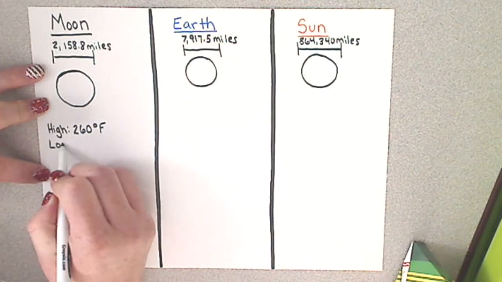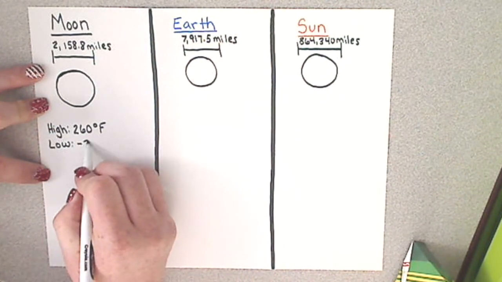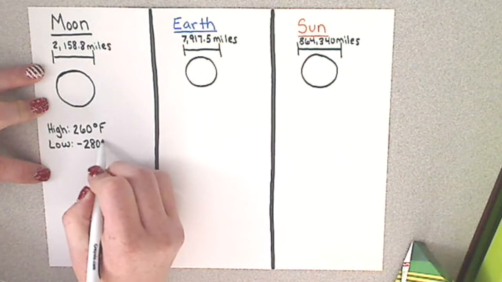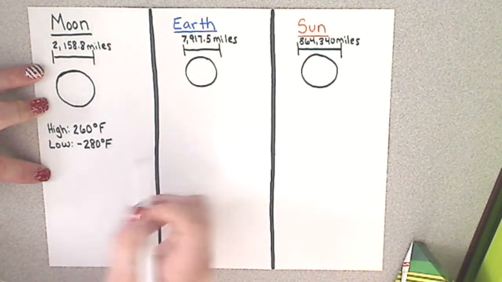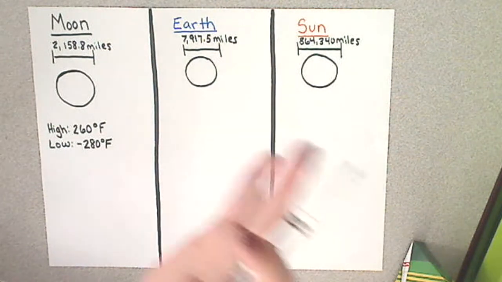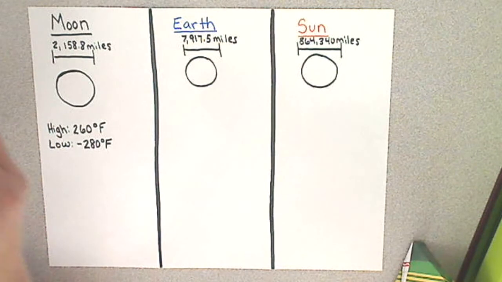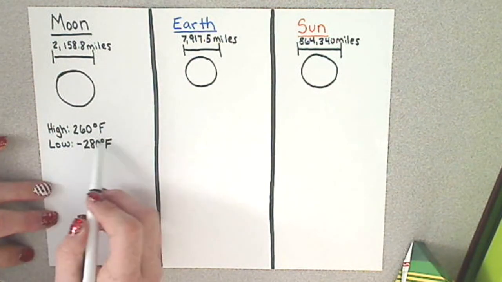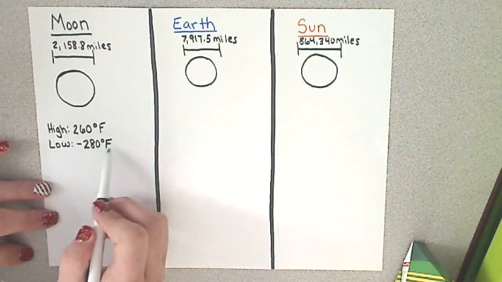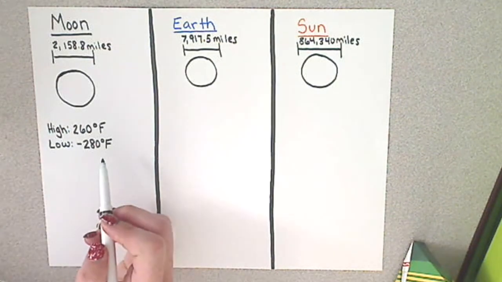And the low is negative 280 degrees Fahrenheit. Now, what this negative means is that you go down to 0 and then you keep going backwards. This is extremely cold, and it gets this cold when the sun is not shining on the moon.